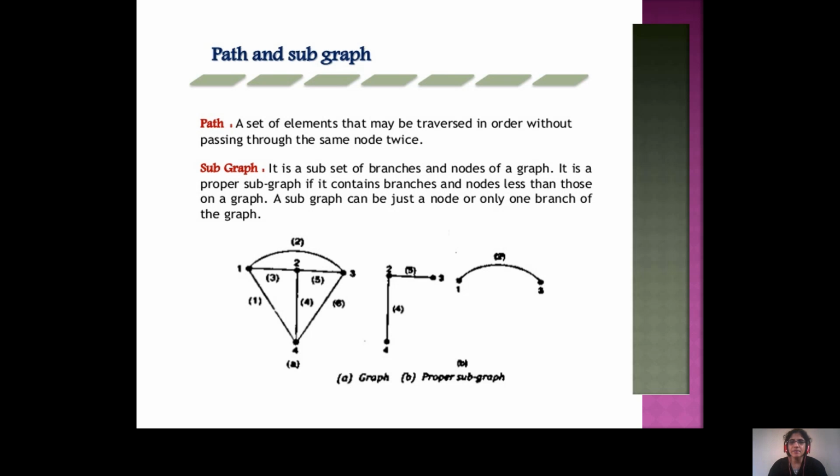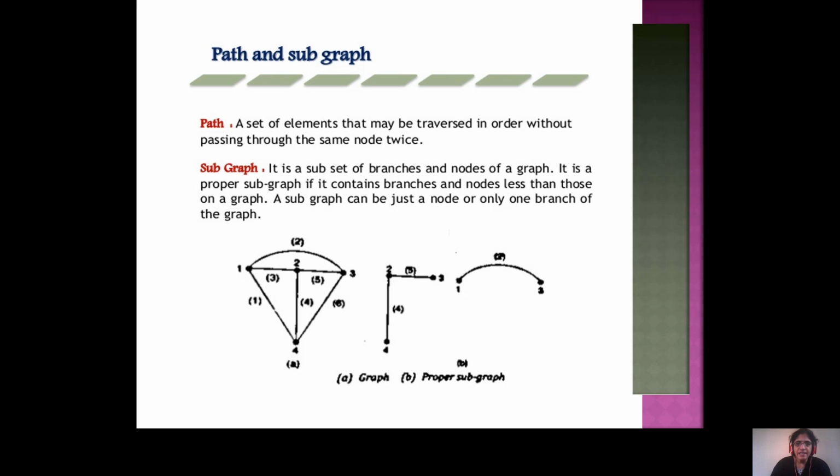Then what is a subgraph? A subset of branches or nodes of a graph. It is a proper subgraph if it contains fewer branches and nodes than the graph. A subgraph can be just a node or only one branch of the graph. One subset, one part of the graph, is nothing but the subgraph.